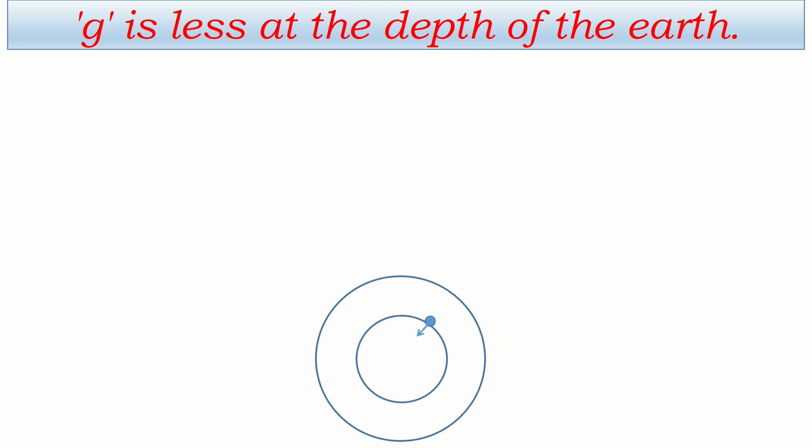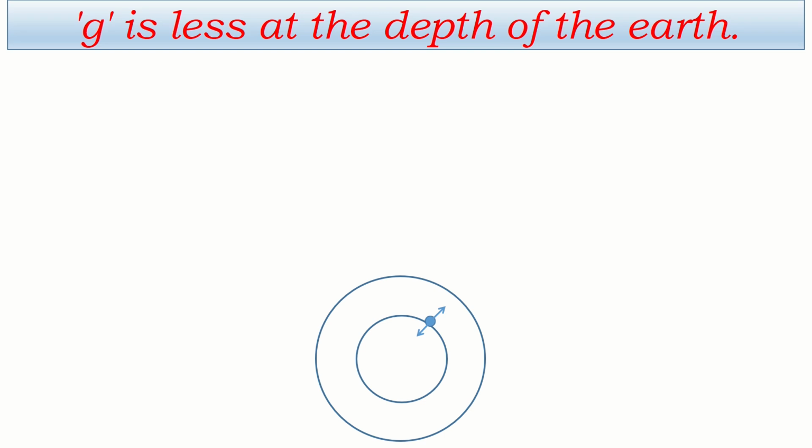Okay, let's move to another. g is less at depth inside the earth. Why? This is very interesting. If a body is on the surface of the earth, then the whole mass of the earth attracts it towards its center. But if the same body is taken inside, then the whole mass doesn't attract it towards its center. A part of the mass which lies below the body pulls it towards the center, but a part of the mass which is left behind pulls it away from the center.